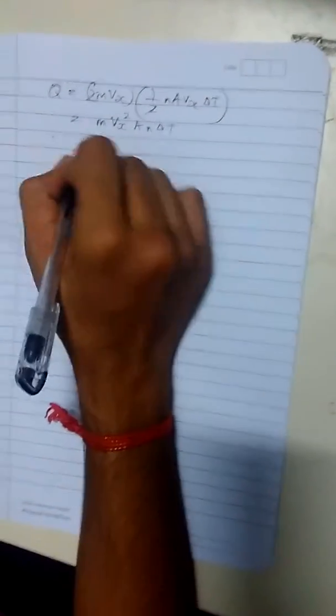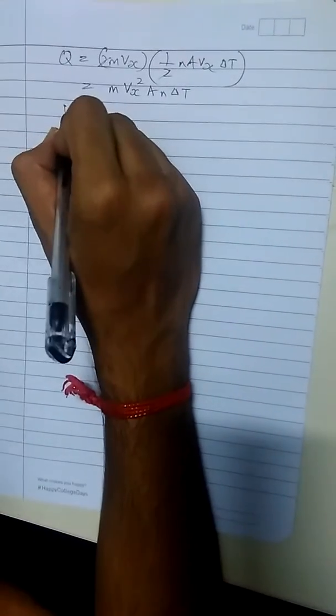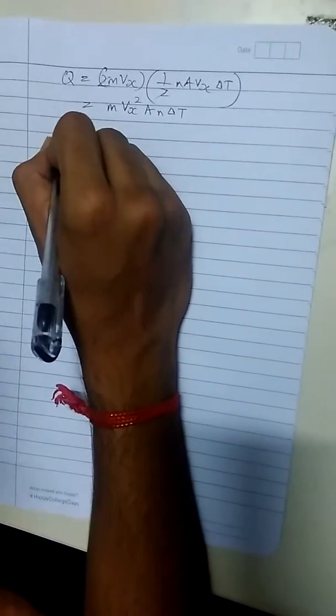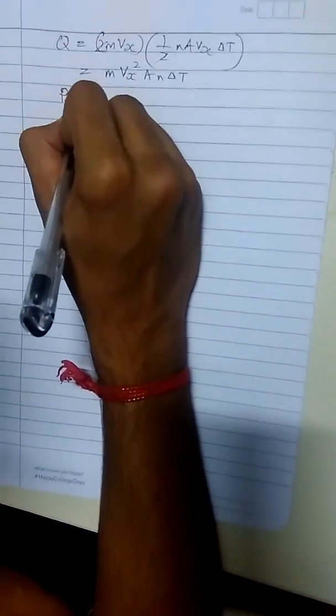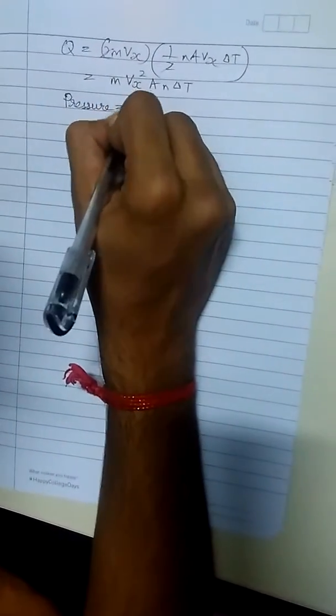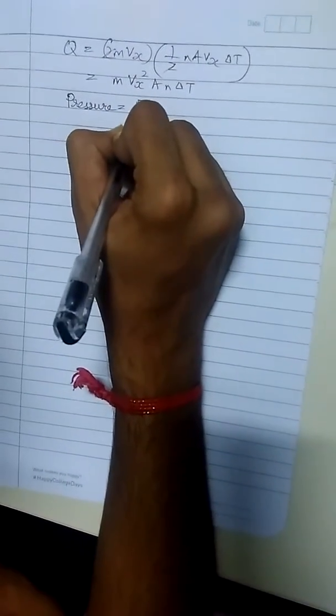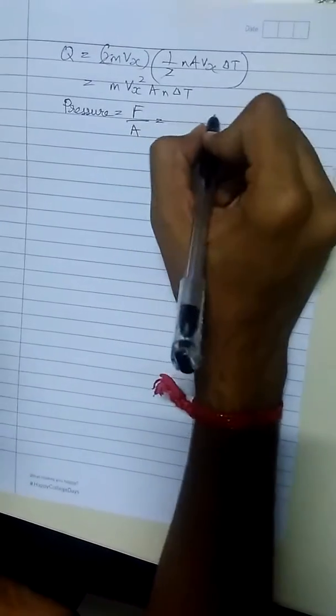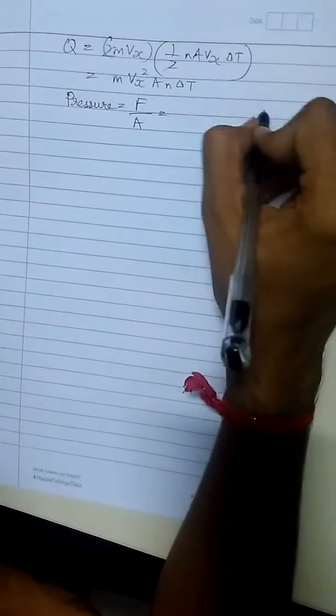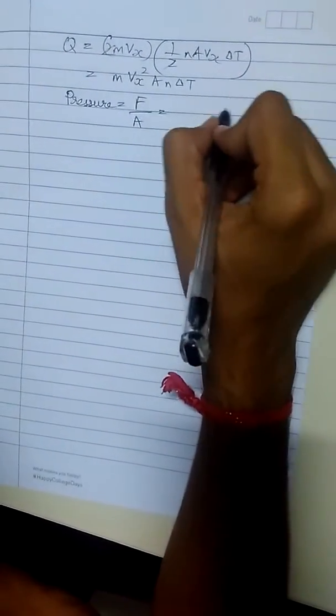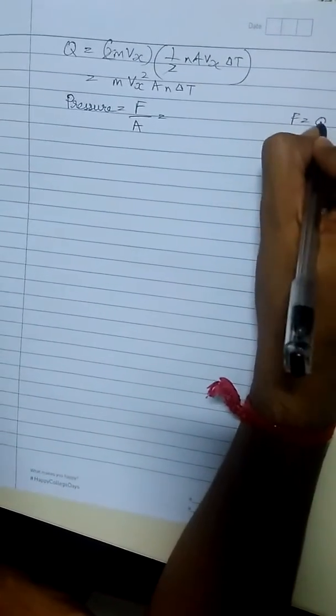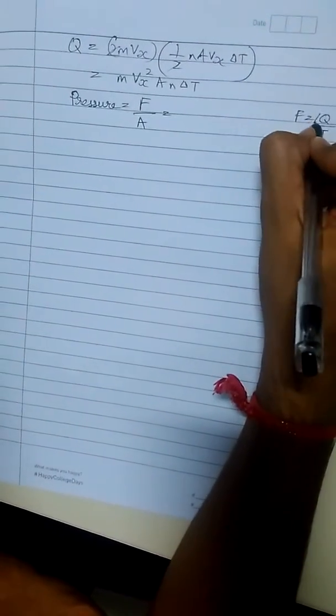From this equation we can calculate the total pressure exerted on the wall, which is force per unit area, and we know that force is change in momentum per unit time.